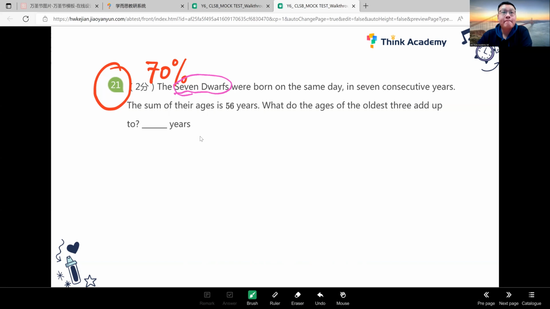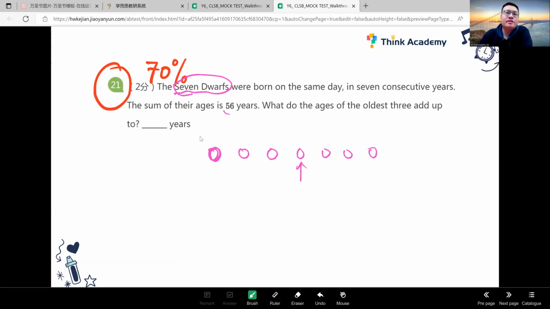I'm going to use the circle to represent one of each. So 1, 2, 3, 4, 5, 6, 7. Am I right? Yeah. So as for the middle one, we know that it is consecutive, which means that it is an arithmetic sequence.